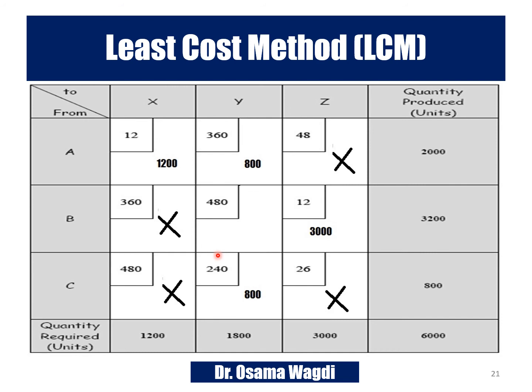Then we will search for the next cell which contains the least cost, 360. I will make a comparison between the 1000 that I have written here from the subtraction, 800 from 1800, and the 800 that remains from the subtraction, 1200 from 2000, and write down the least number, which is 800.